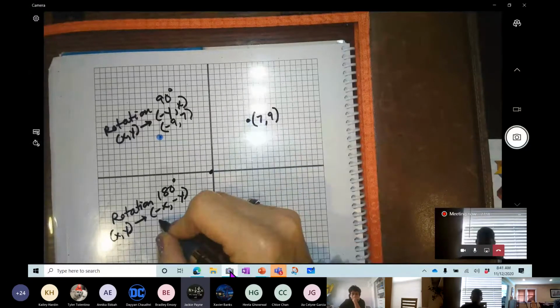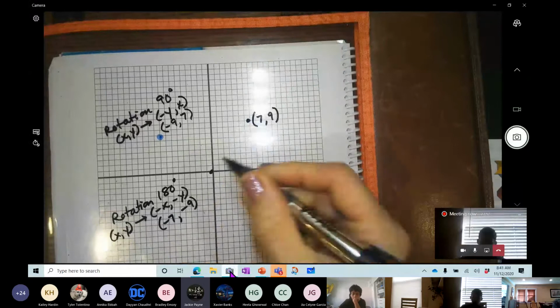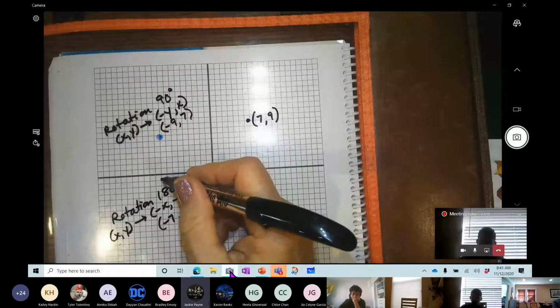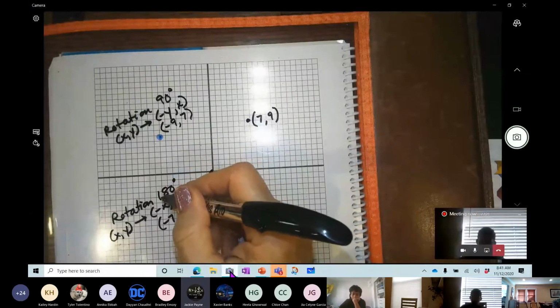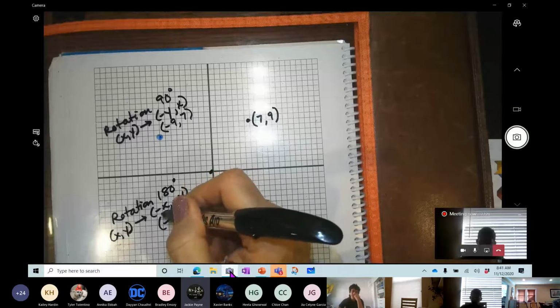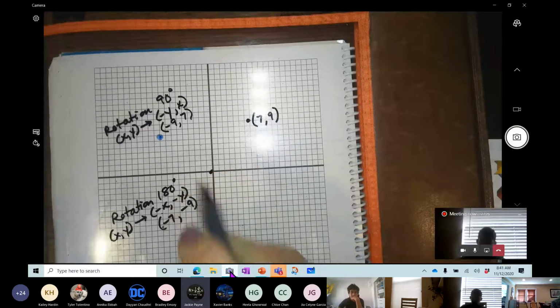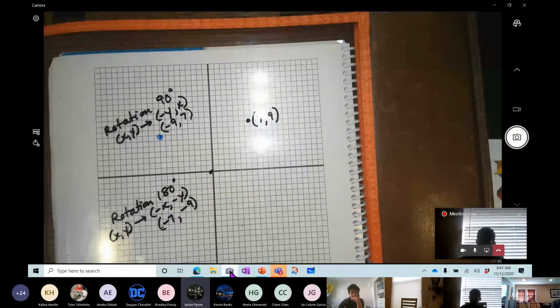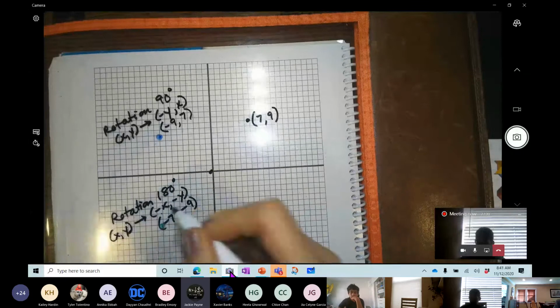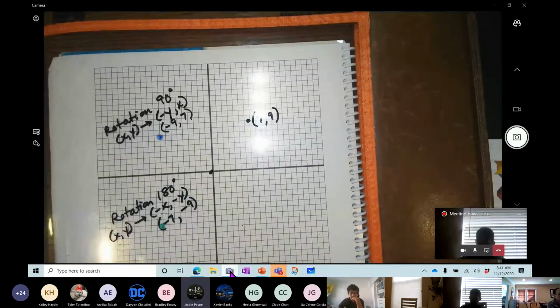This will become negative 7, negative 9. So negative 7, negative 1, 2, 3, 4, 5, 6, 7, 8, 9. There's the point if I want to do 180 degrees.